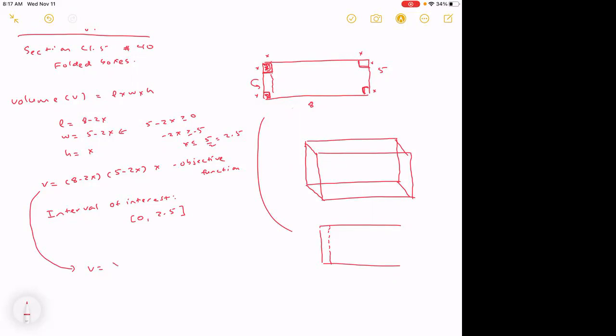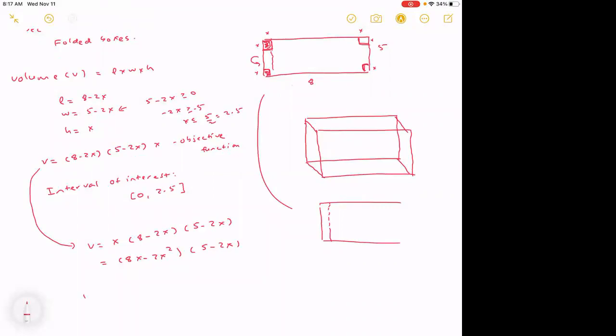Well, let me rewrite this as x times to make this easier for you. Okay, if you multiply by x, you get 8x minus 2x squared. Let's do that so that you don't have to use product rule twice.